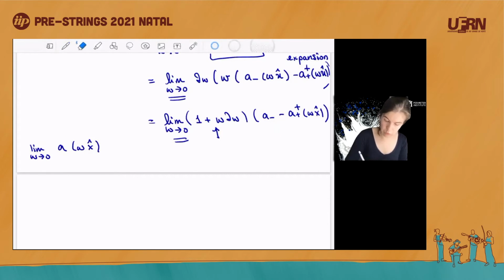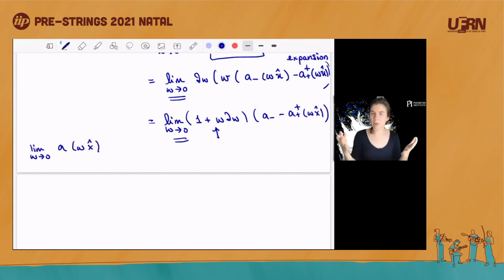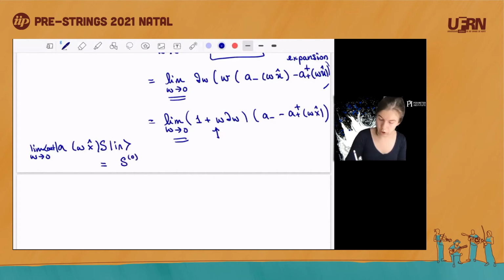actually let me write it this way. Let's say we have an outgoing soft photon. This would just be the leading soft factor plus order omega to the 0 corrections, divided by out S in.